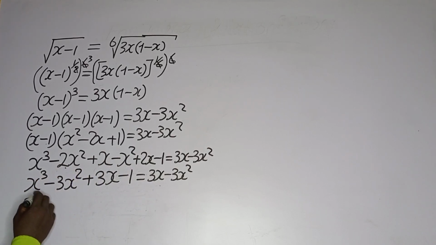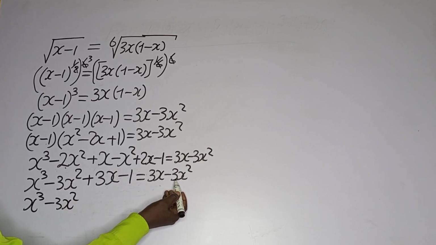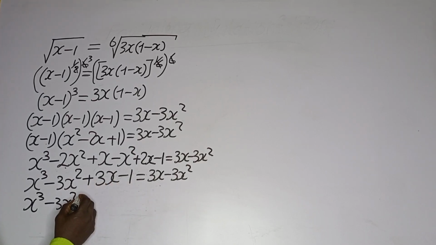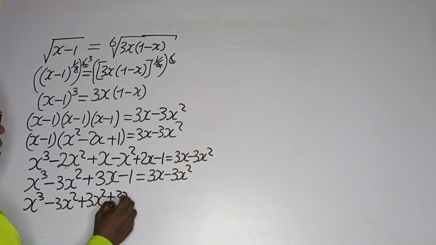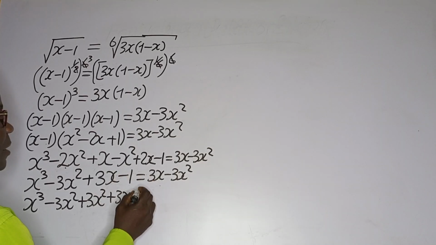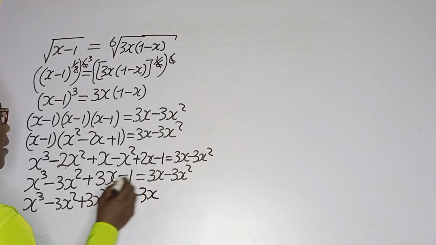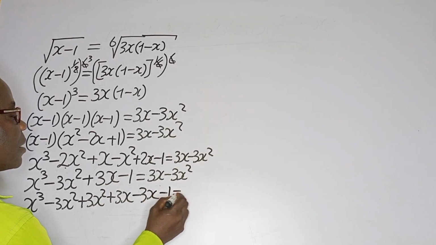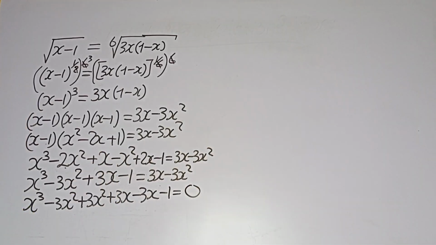So we have x cubed minus 3x squared. When we take the negative 3x squared from the right and bring it this way, it becomes positive 3x squared. Then plus 3x. Bringing this positive 3x this way becomes negative 3x. And then minus 1. Now we have 0.